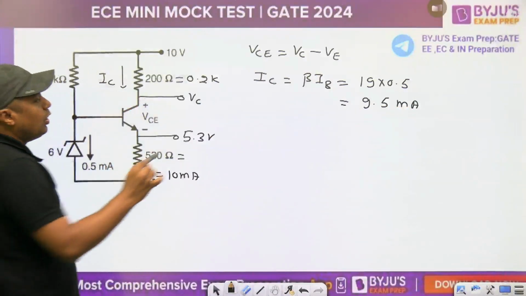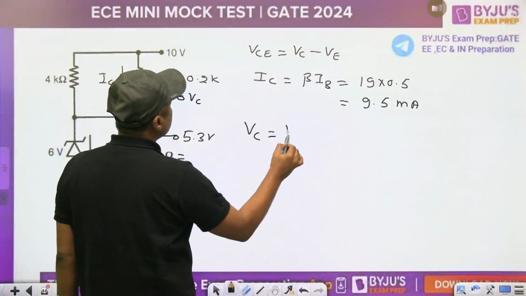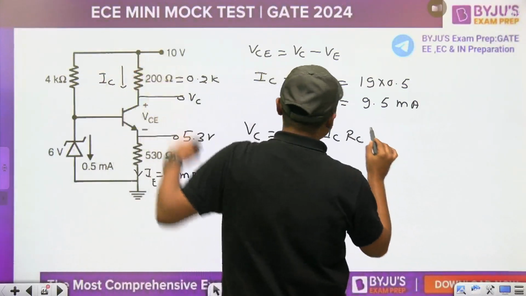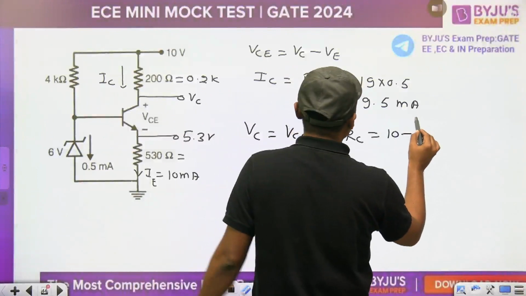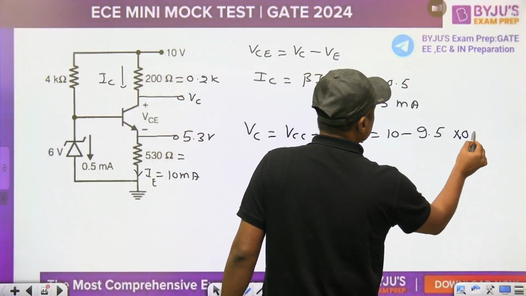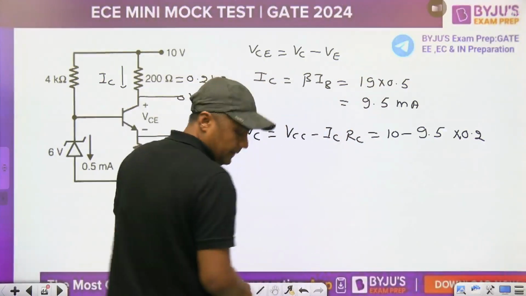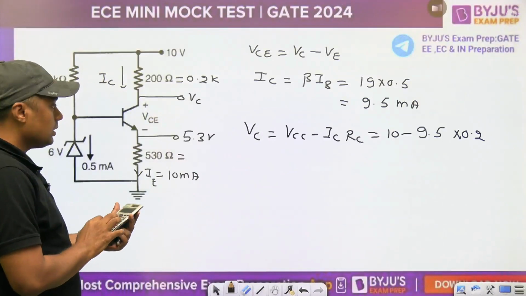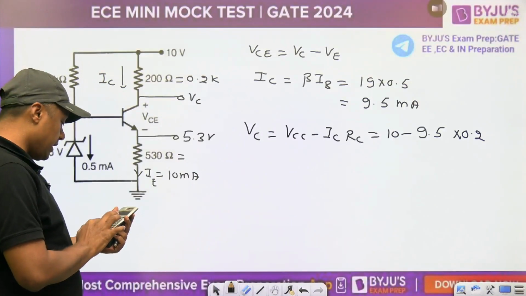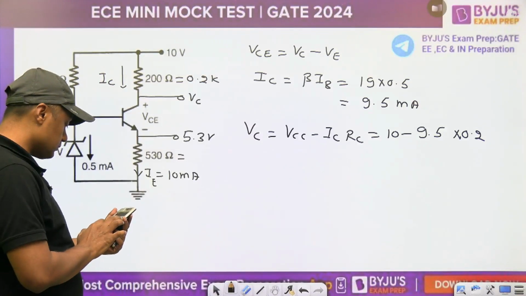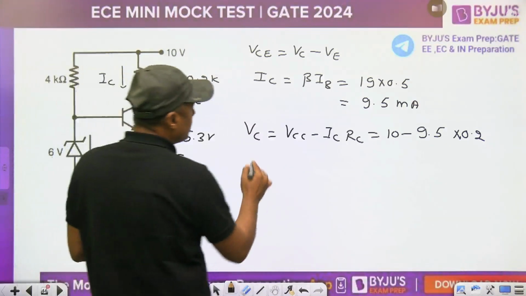So what is the value of VC here? VC will become VCC minus IC RC. What is the VCC? 10 volt. IC 9.5 into 0.2. Then please calculate it. 9.5 into 0.2, you will get 8.1 volt.